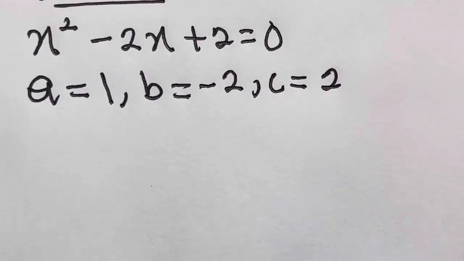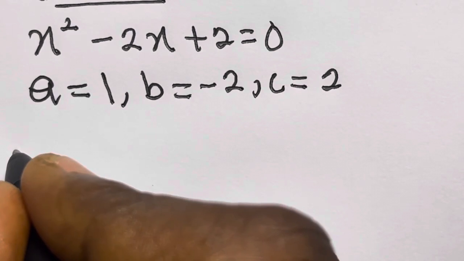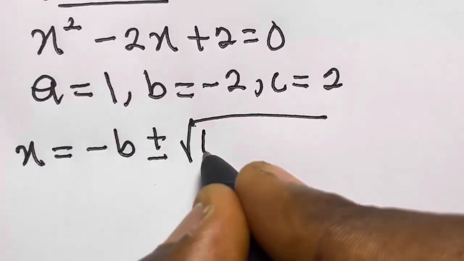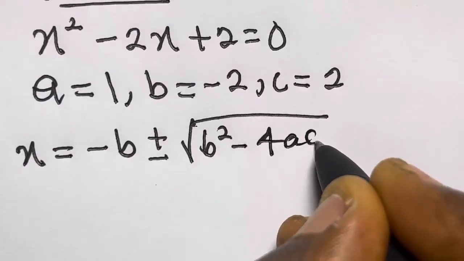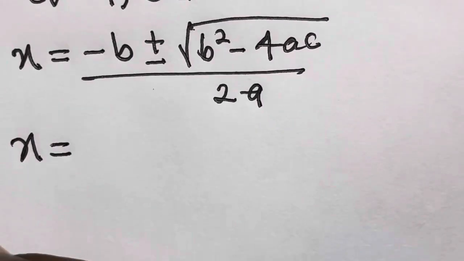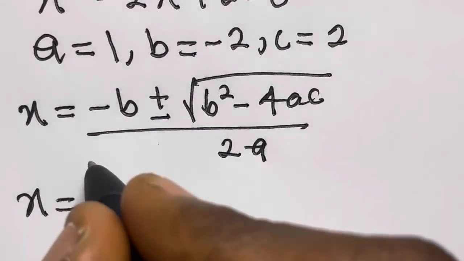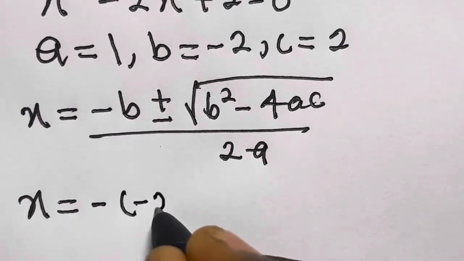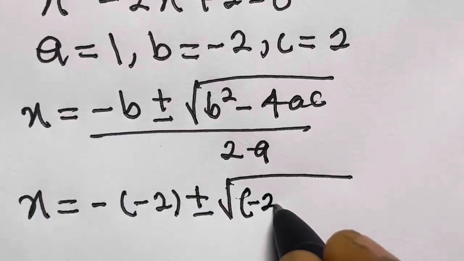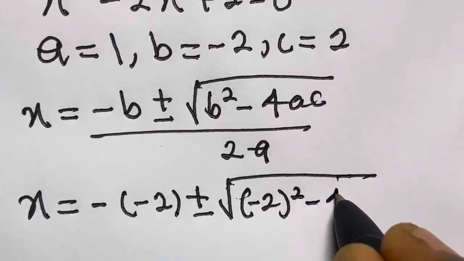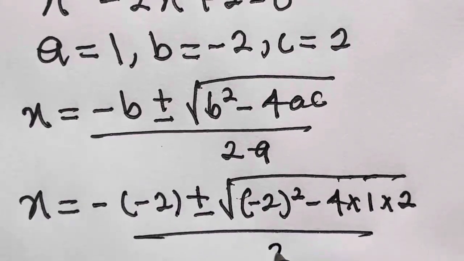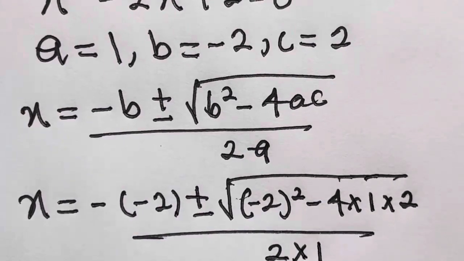So if we use the quadratic formula, x equals minus b plus or minus square root of b squared minus 4ac, divided by 2a. So applying this, we have minus b, so that is minus minus 2, plus or minus square root of minus 2 squared minus 4 times 1 times 2, divided by 2 times 1.